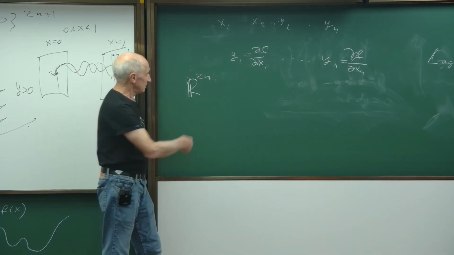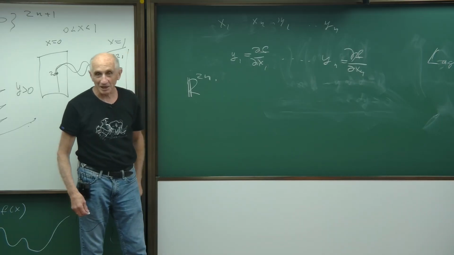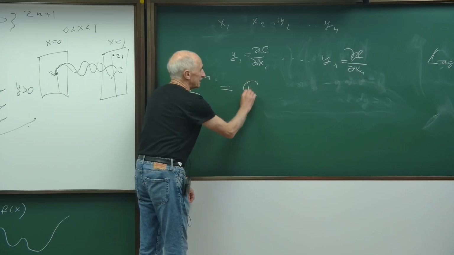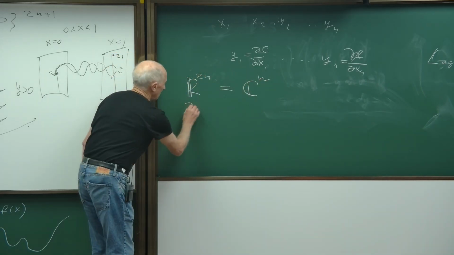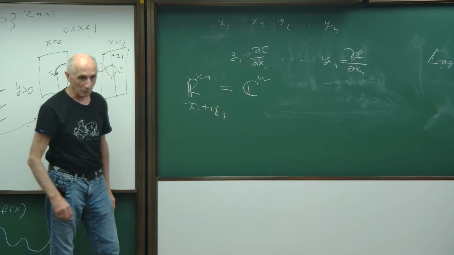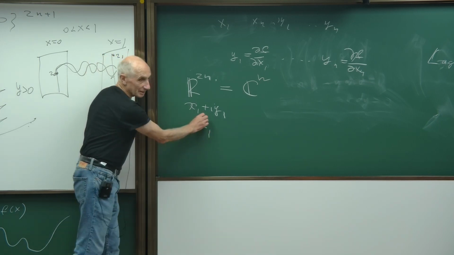So what is this? I think the first shortcut to the definition would be the following. Let's think about our R2n as an n-dimensional complex space. That means every pair of coordinates x1, y1, you think of as a complex coordinate z1, etc.